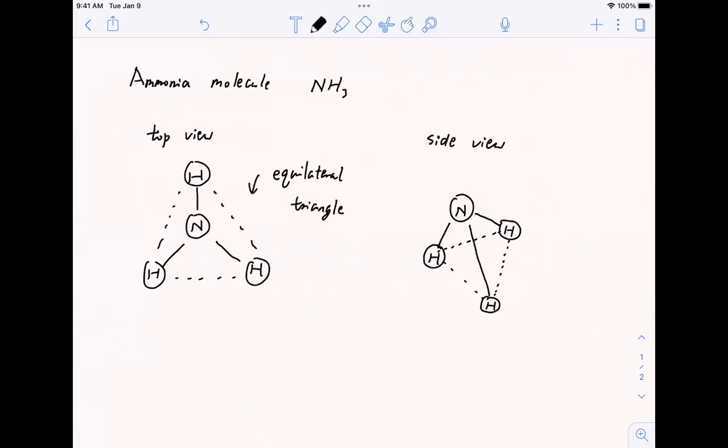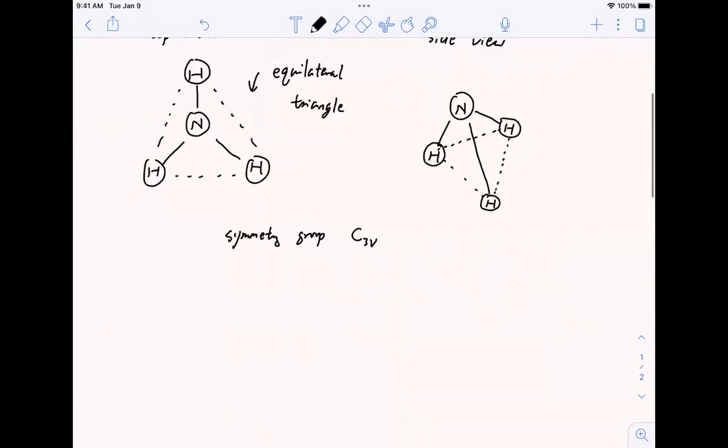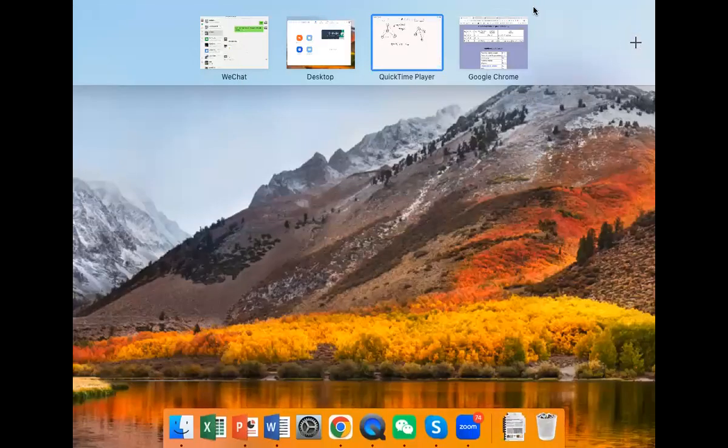The symmetry group is C3V. It's C3V. So let me show you the character table.